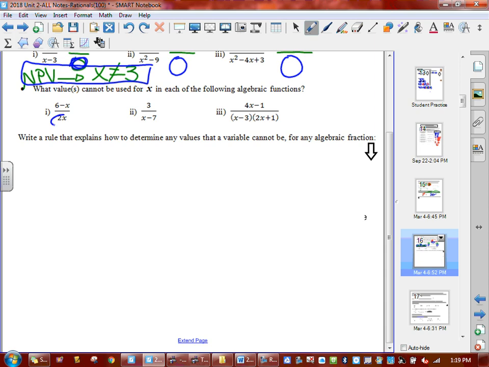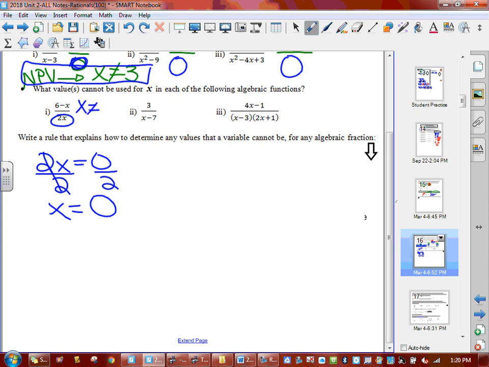I make it equal to 0. Now I solve it. I divide by 2. Is 0 divided by 2? How big is it? It's still 0. So that means if I have a 0, I'll get a 0 on the bottom here. So x cannot be 0 for the first one.